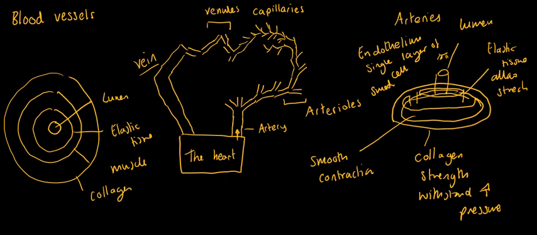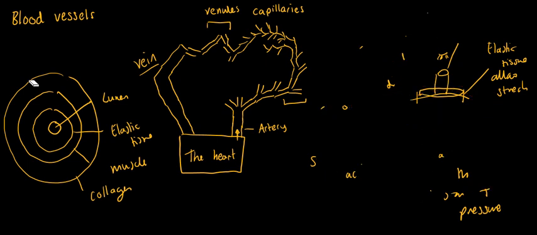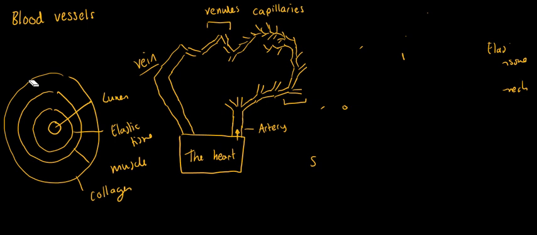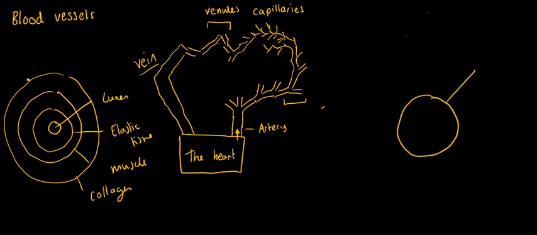Okay, so let's see how this compares to the structure of a vein. So with a vein, I'm going to have, first of all, a noticeably larger lumen. So my lumen size is far larger, and this is my endothelium cells.